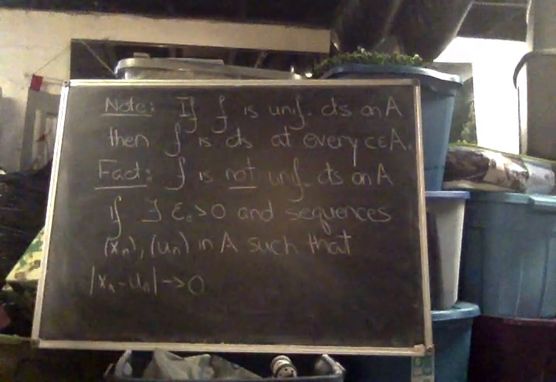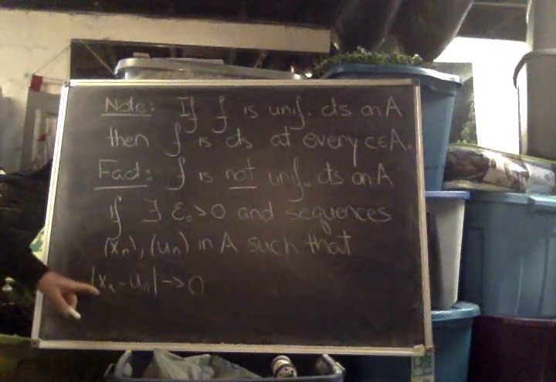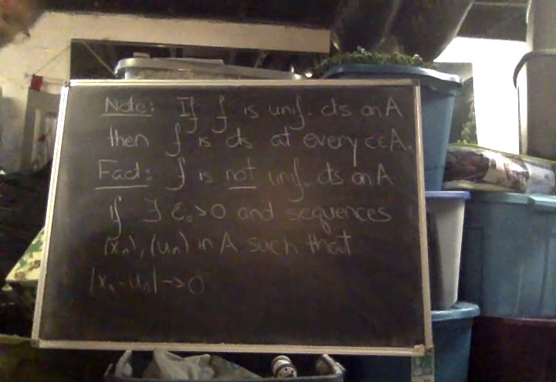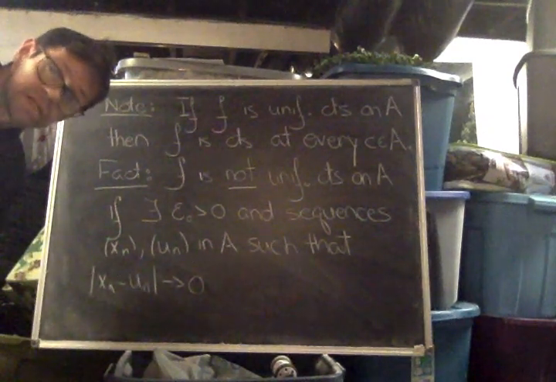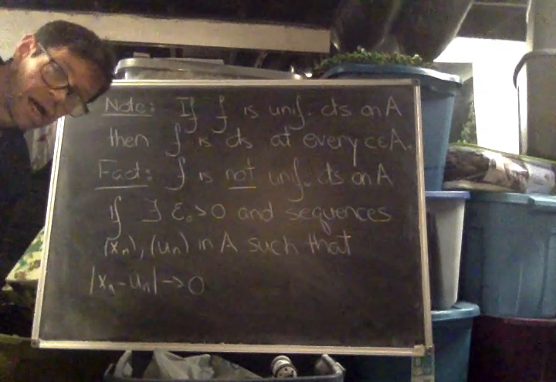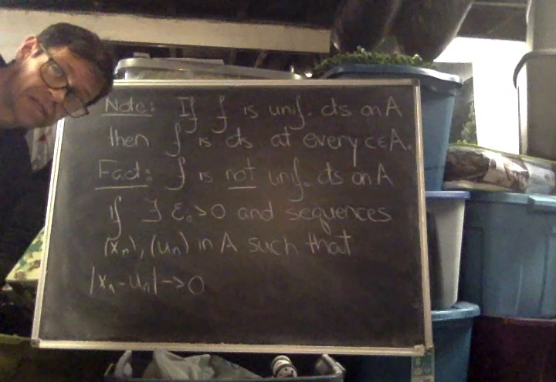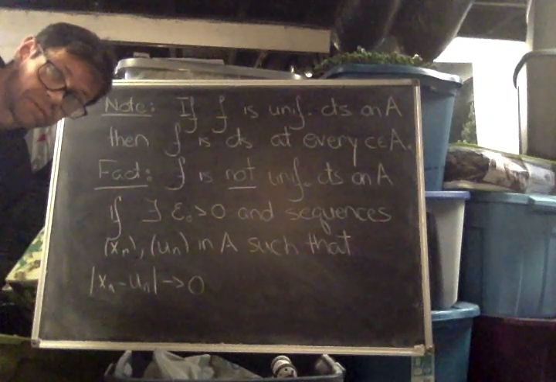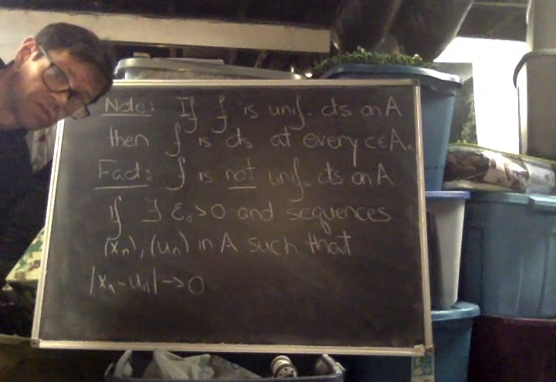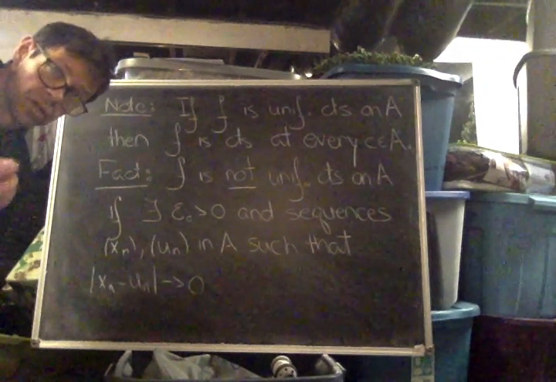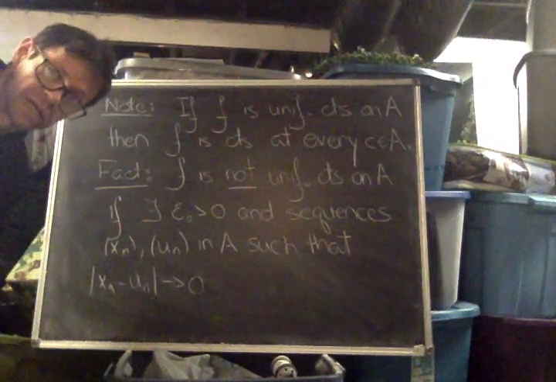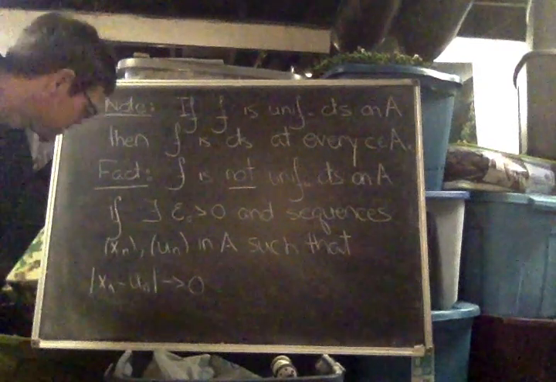Okay, so these two sequences, whatever they are, have the property that the elements of these two sequences are getting closer and closer together. Caution here, this does not mean, and indeed it need not be the case, that either of xn or un actually converges. Okay? It's entirely possible for two sequences to fail to converge and nevertheless get closer and closer together to each other. They're going to hell in a handbasket together. All right?